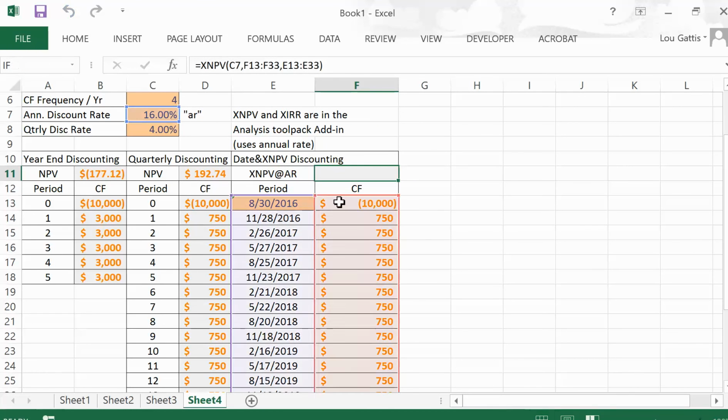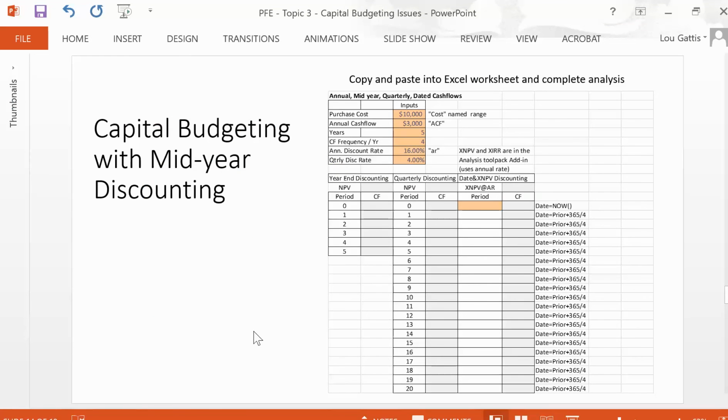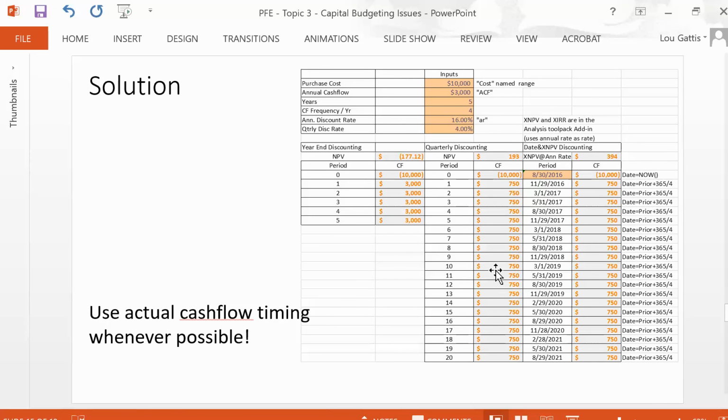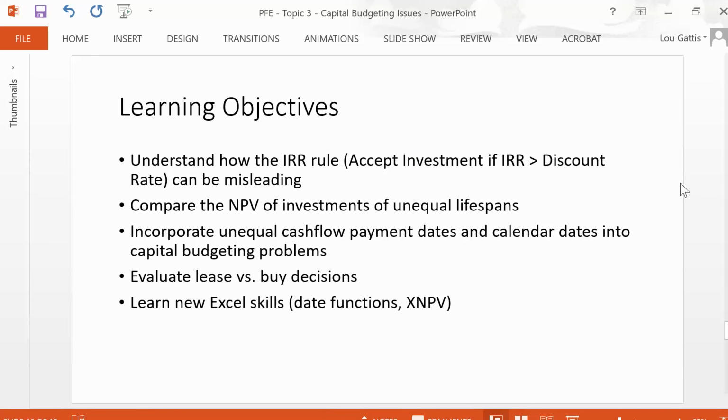So now you have an NPV of 443. And if the cash flows are indeed every 90 days, this is your real NPV. So I think what we take from that is when possible, you always want to use the most accurate timing.